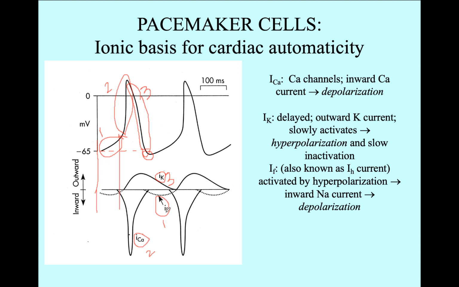Well, it's labeled IF, and IF is an inward sodium current. So, because of an inward sodium current, think about what charge sodium has. It's a positive charge. As sodium trickles into the pacemaker cell with its positive charge, what's going to happen to the overall voltage of the pacemaker cell? Well, it's going to slowly rise up.